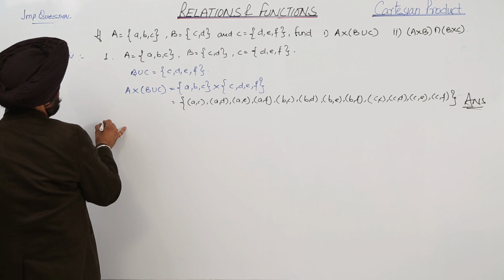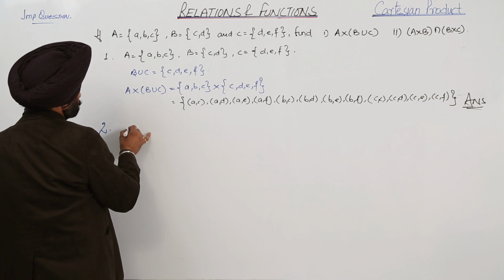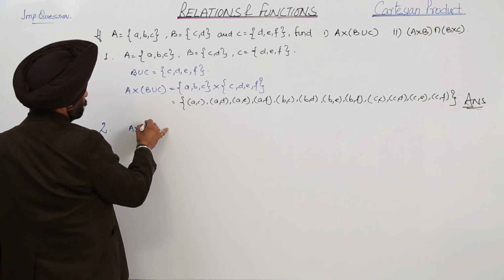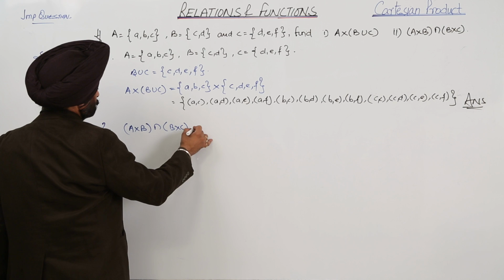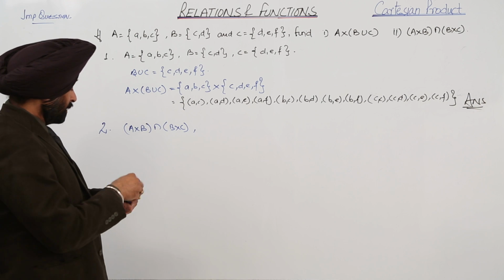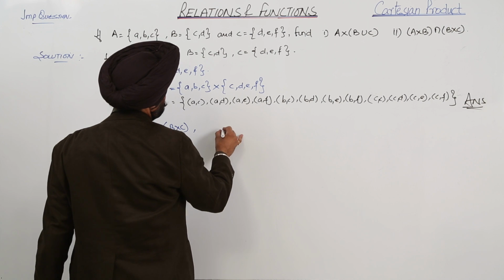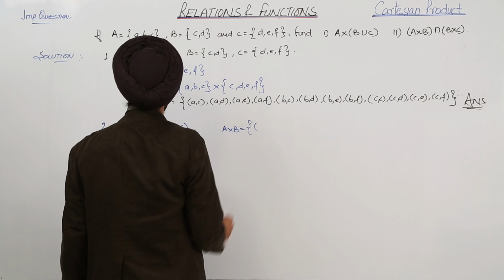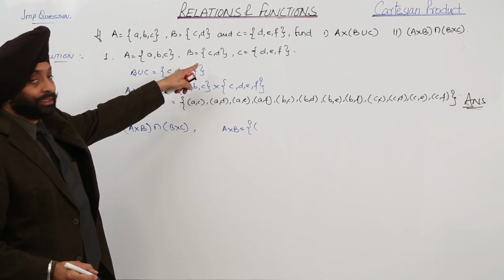Now, number 2, we have to find A cross B first, and then the intersection with B cross C. This we have to find. Okay. Now first thing, A cross B is equal to, now A is given, {A, B, C} and B is {C, D}.